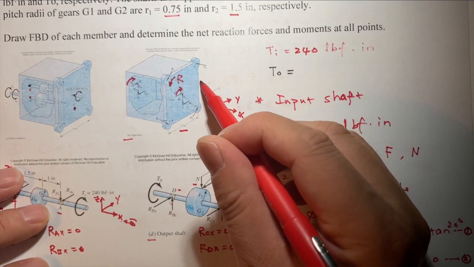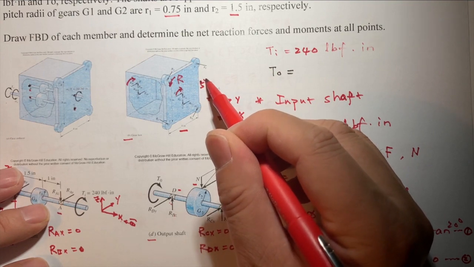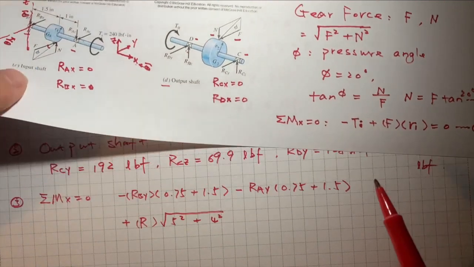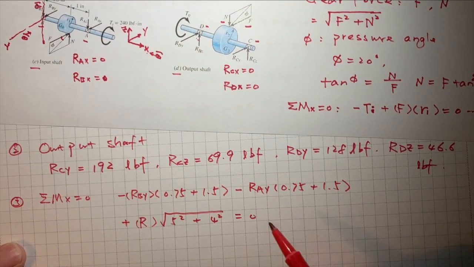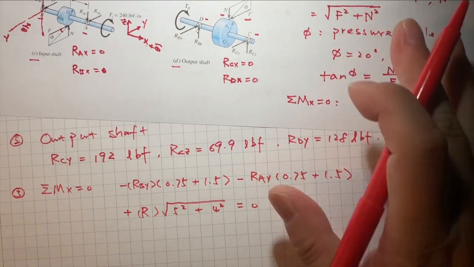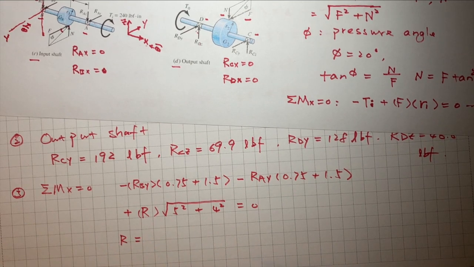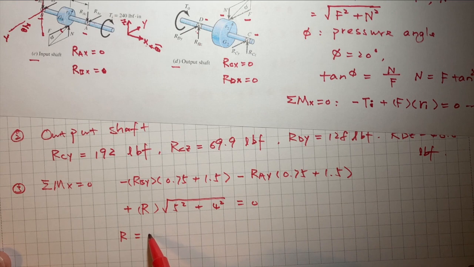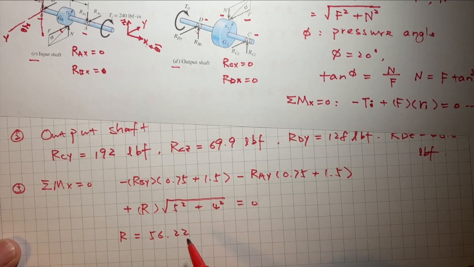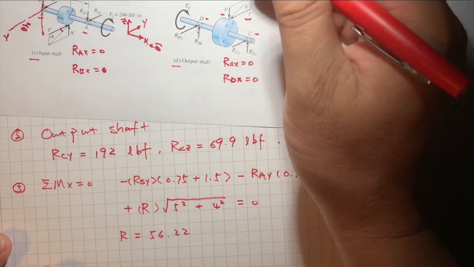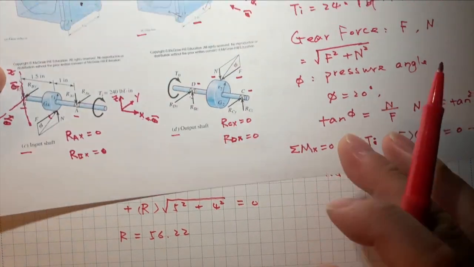So 5 inches here. Right. So the center point will be here, equals 0. So in this case, R equals 56.22.